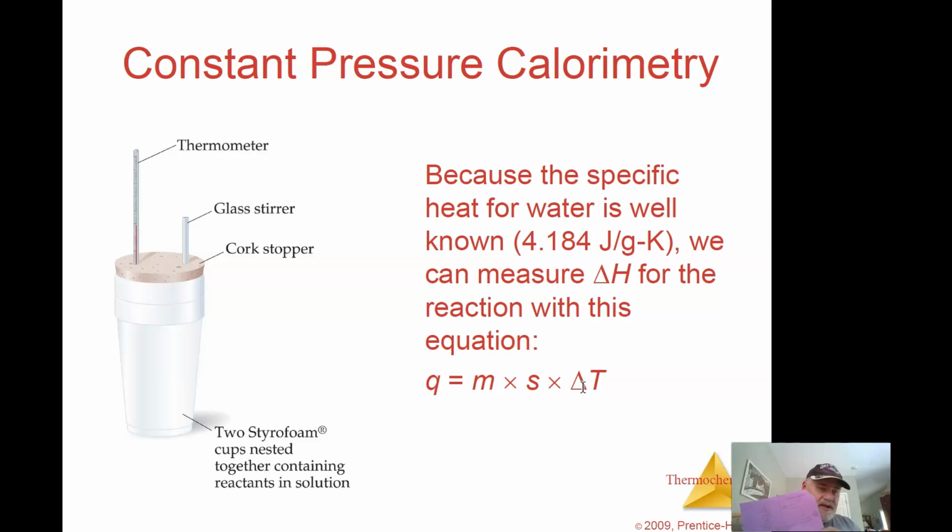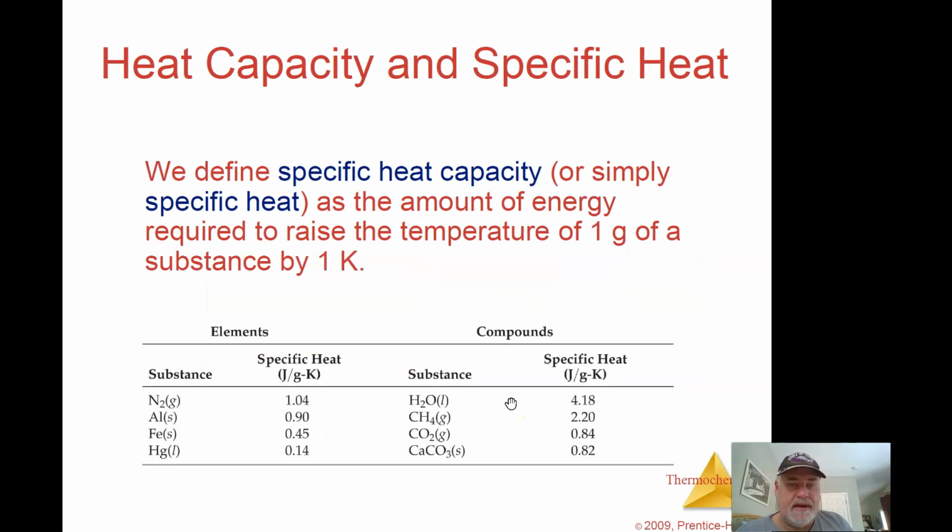Now this equation, the good news is it's on your purple sheet. The bad news is they use Q equals MC for specific heat. There was a movement to change that to S, and they changed their mind again and went back to C. But C and S mean the same thing there, and that's the specific heat, which, going back to this table, different things transfer heat differently.